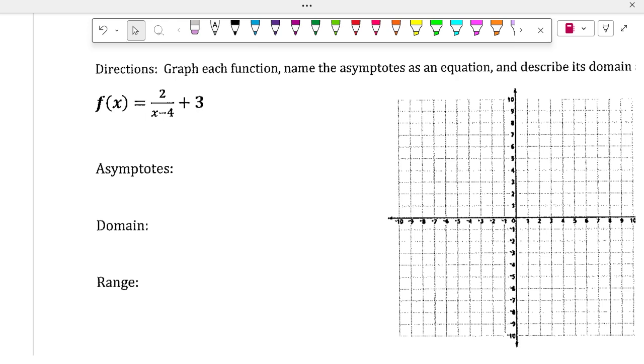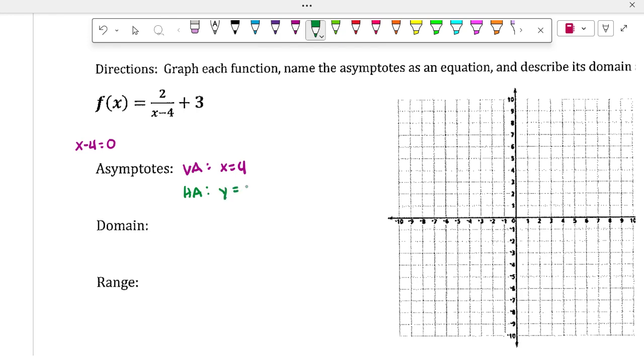So first off, asymptotes. What would my vertical asymptote be? How would I find it? Guys, shh. So x minus 4 is equal to 0, so x has to equal 4. What about my horizontal asymptote? It's 3.